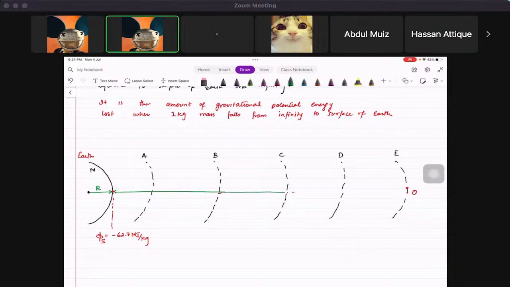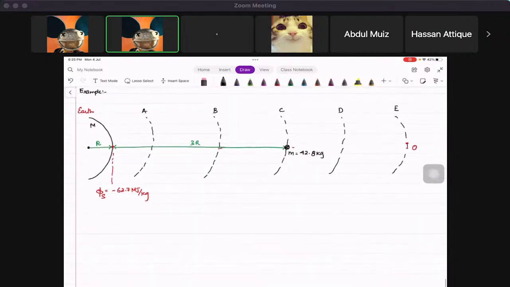Till C, this is 3R more, okay? Now at this point, I'm basically doing an example. At this point there is a mass which is placed here, okay? The value of the mass is 42.8 kilograms.